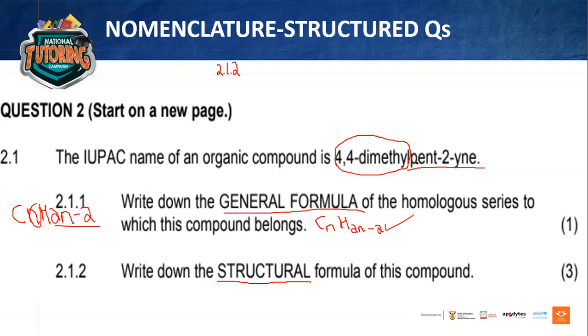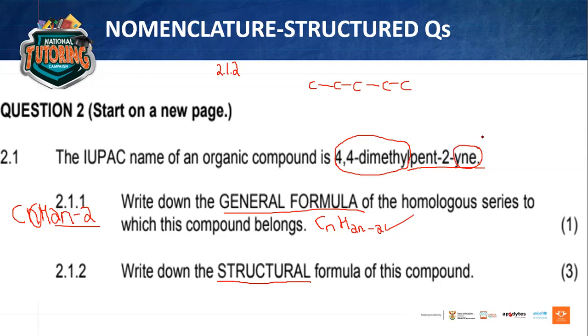So I'm going to start with the parent chain, the one that is underlined. I analyze this. It's written pent, and pent means 5 carbons. So I go 1, 2, 3, 4, 5. Right. Then it's written yne.